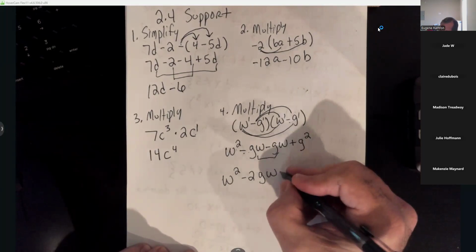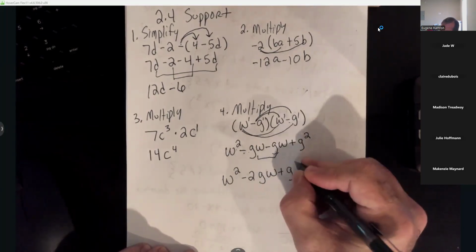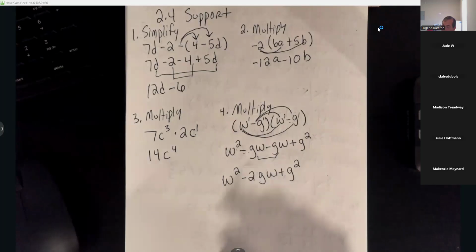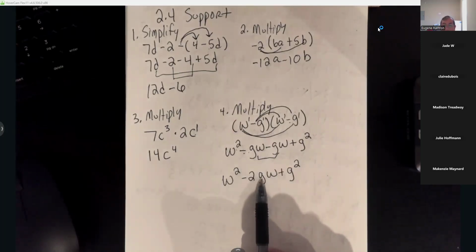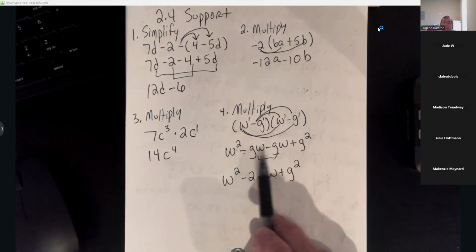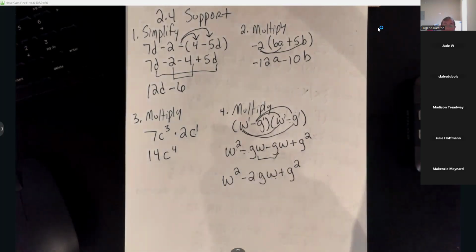And y'all, at the end is a positive G squared. Now, MATLAB will take this GW, or you could do WG here. It don't matter. It'll take it either way. I'm just more used to putting my stuff in alphabetical order, but either way, y'all. Okay?